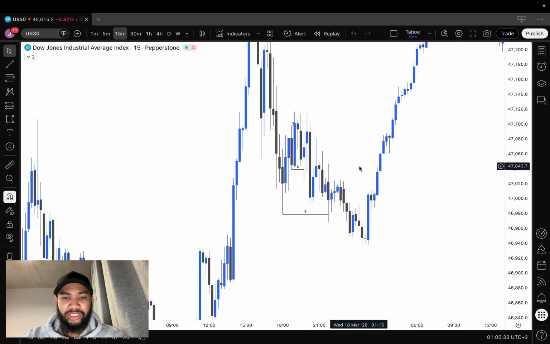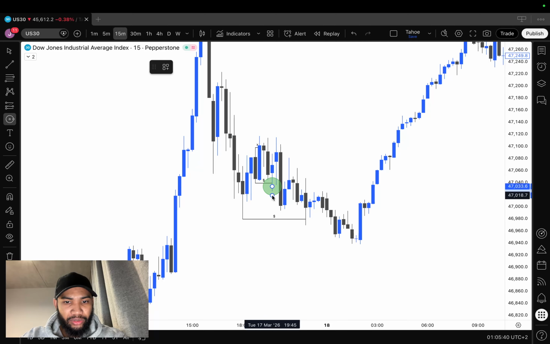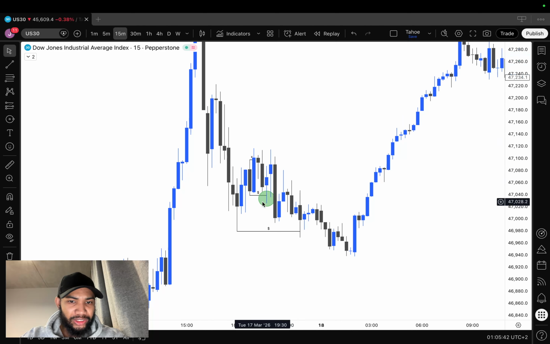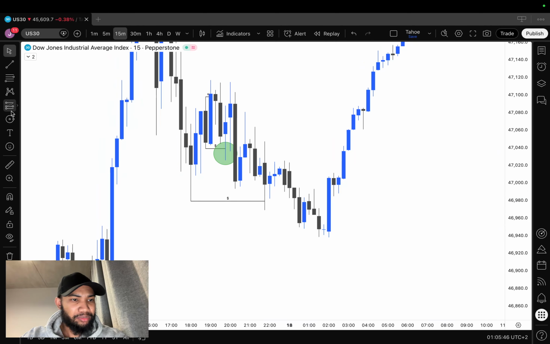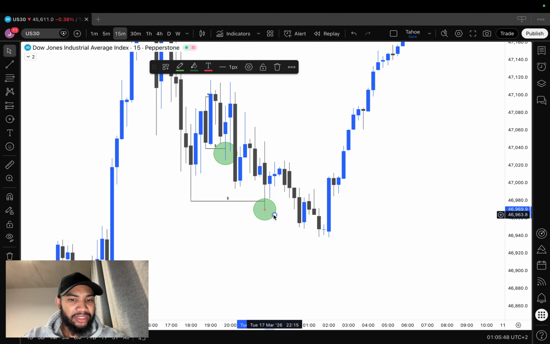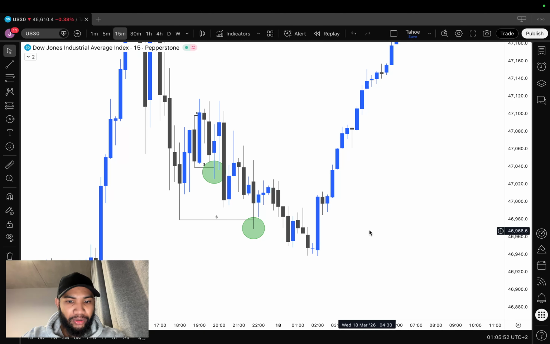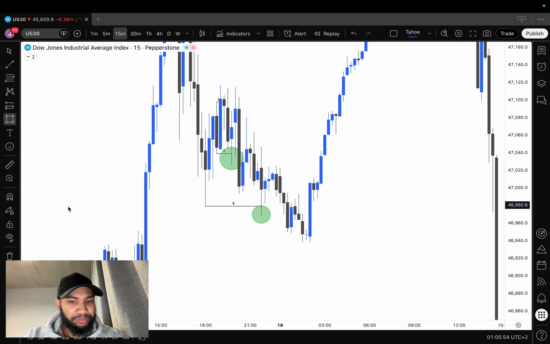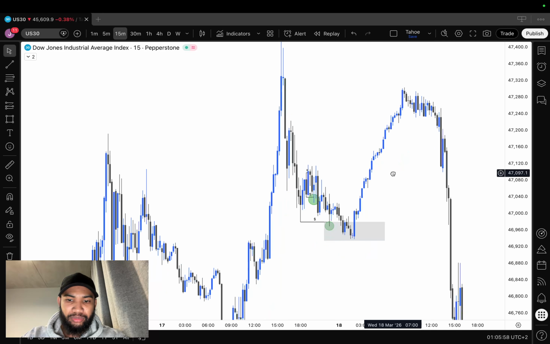For this example, we can clearly see that the market did grab the liquidity off of this low, but there was no massive impulse to the upside. The market had a higher desire to grab the swing liquidity, which is right here at the bottom. And then here was volume to the upside for an ultimate move to the upside.